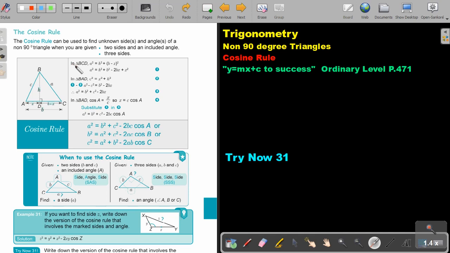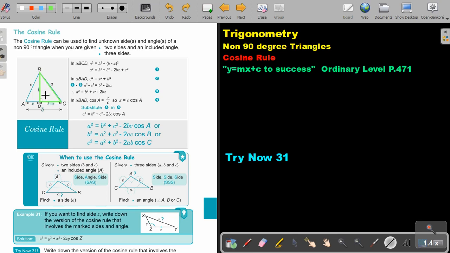So in triangle BCD, in this triangle, I'm going to even help you by just marking it for you. Okay, so this is going to be a Pythagoras statement.